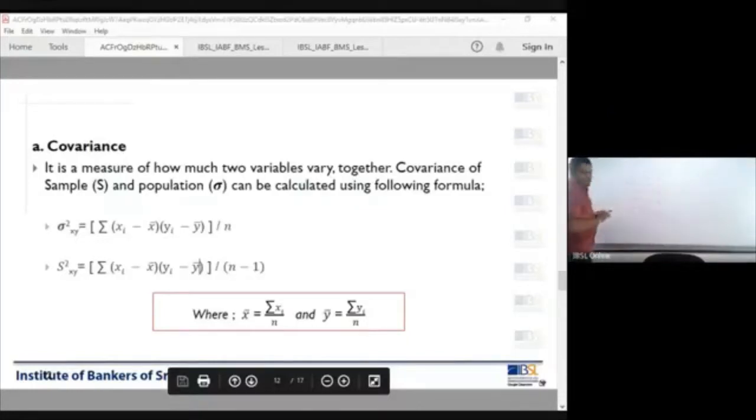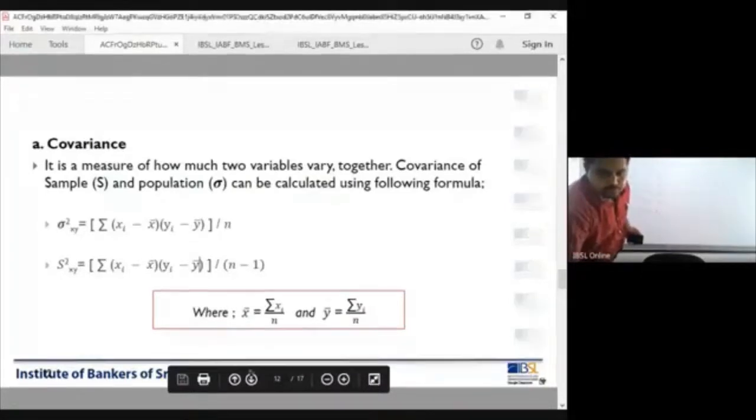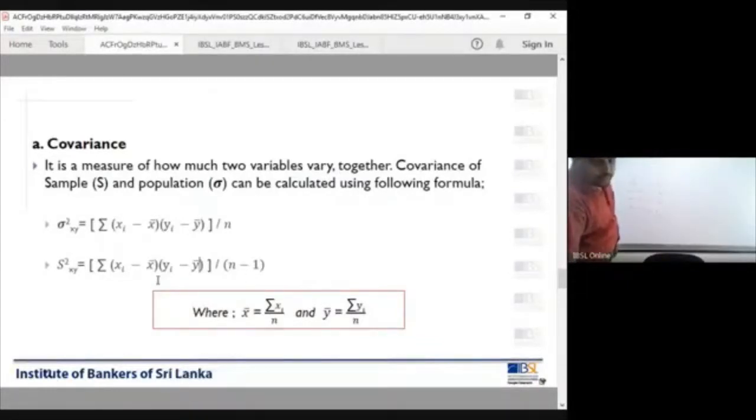So given this data set, what you have to do is first compute the x bar and y bar.